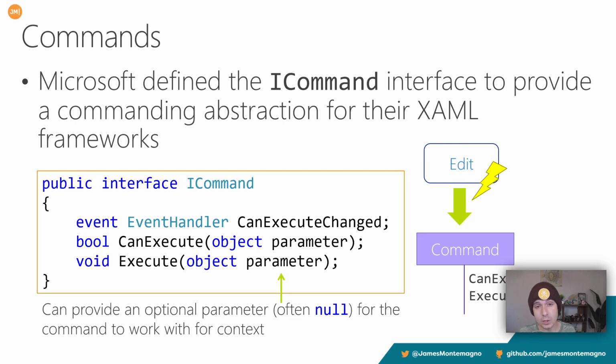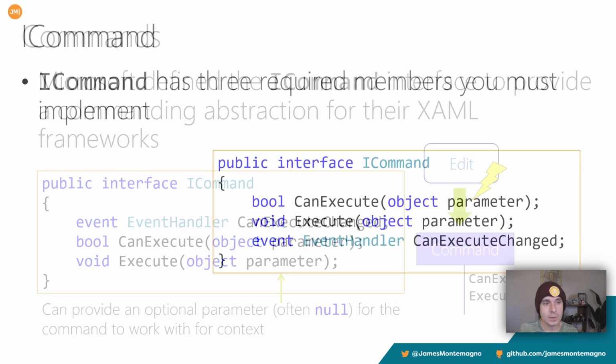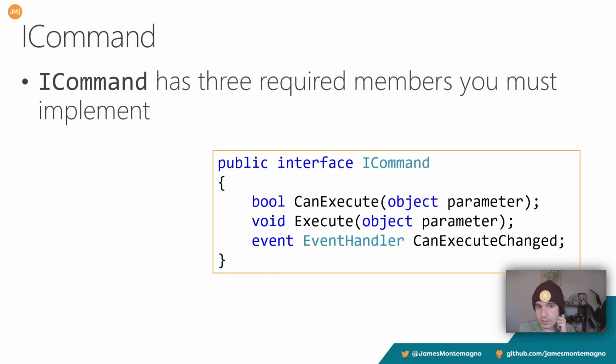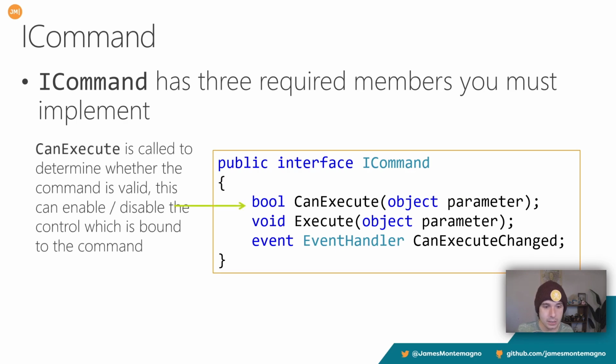So for example, you can have CanExecute true or false, and when it's false, it will automatically disable that button, which is really, really nice. So this command is just an interface. And luckily, this interface is very, very simple. And additionally, it's already built in with Xamarin.Forms.